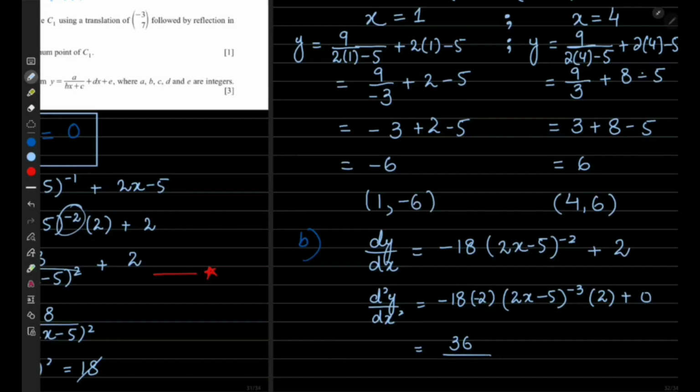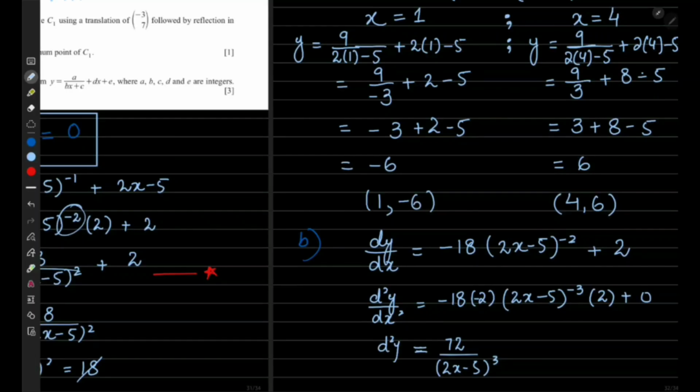So 36. Okay, also we have to multiply it again, so that becomes 72. 72 over 2x minus 5 to the power 3. Okay, this is your second derivative.